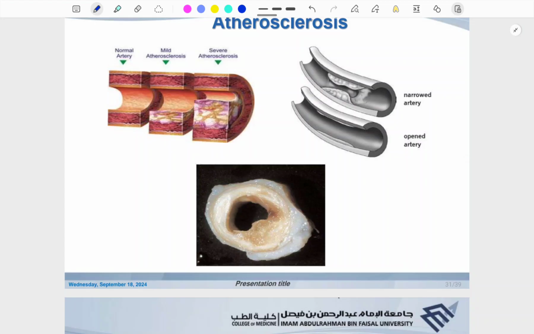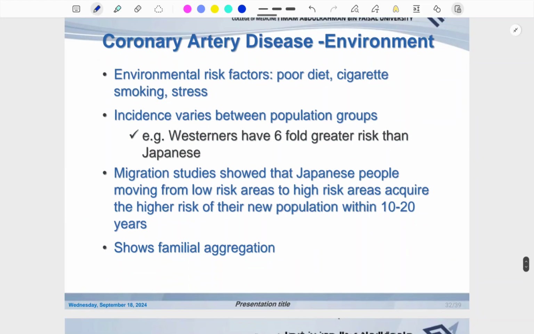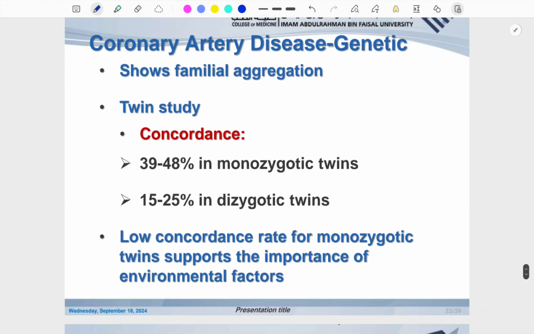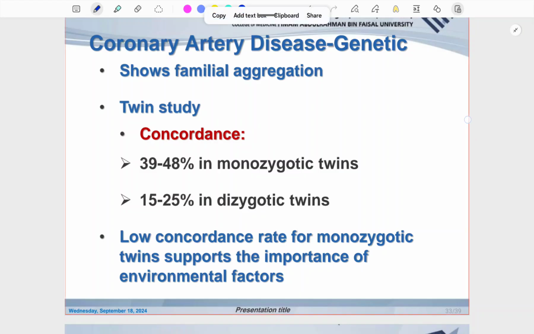Environmental risk factors: poor diet, cigarette smoking, stress, and so on. Incidence varies between populations. Westerners have 6 times more than Japanese. You see? It means the diet of the Japanese is far better than the European or the American. During World War II, some of the Japanese immigrated to America. After 1 or 2 generations, they became exactly the same as the Americans. They became equal in risk of developing it. What does that mean? It means the environment.